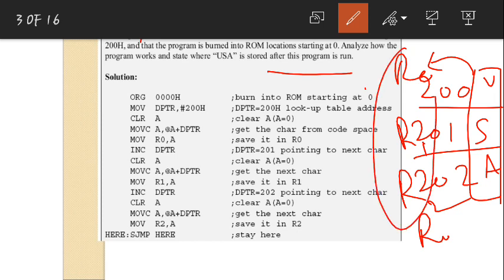In these three registers I have stored U, S and A. My data is already in ROM locations starting from 200, the ASCII characters U, S and A, and I need to move them to different registers. I have taken R0, R1 and R2, so I need to write a program for that.